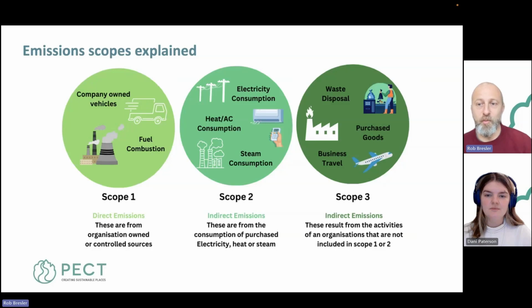Thank you. And a secondary question: is there any further guidance or funding available to reduce these emissions for businesses? Yes, there is. If you get in contact with PEC, they can guide you to the right places. We've got the Greenhouse Gas Protocol, which can be a bit onerous if you're not familiar with it, and there's a lot of jargon in there.